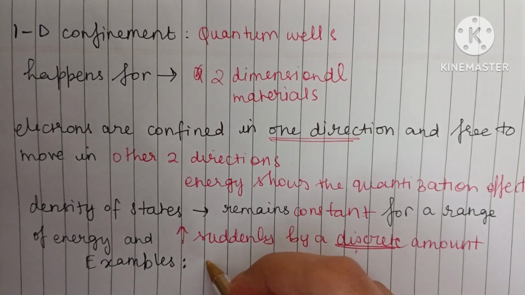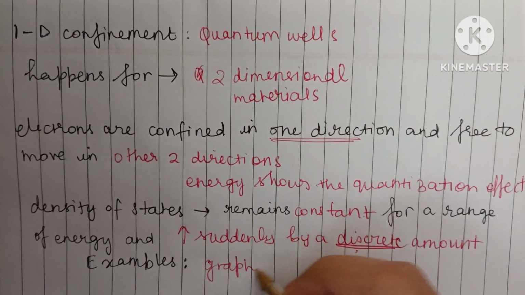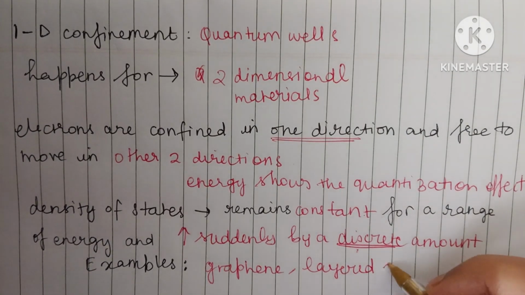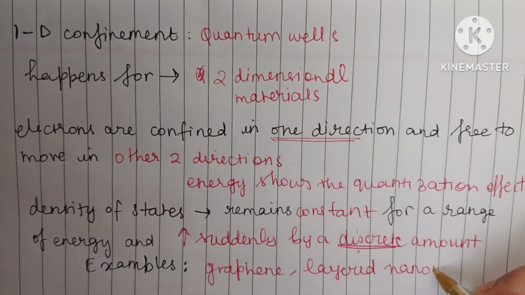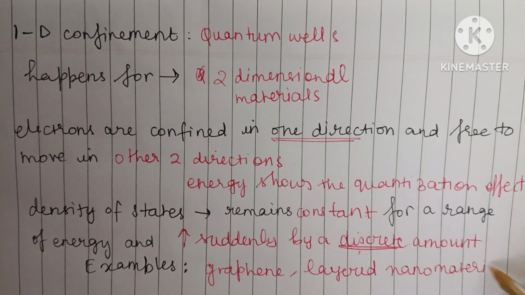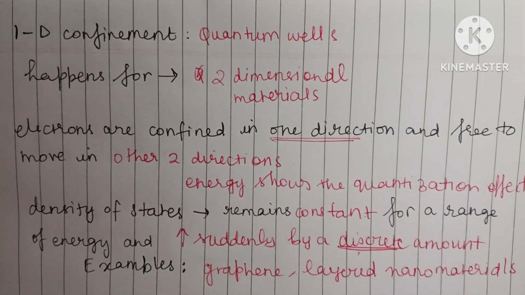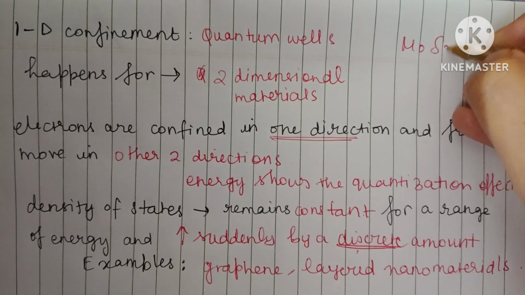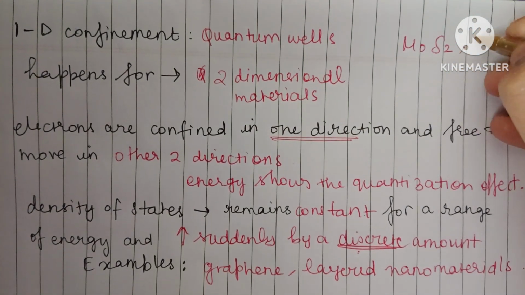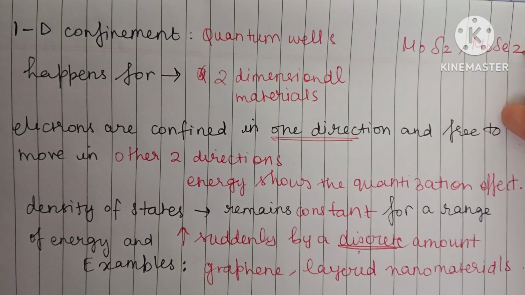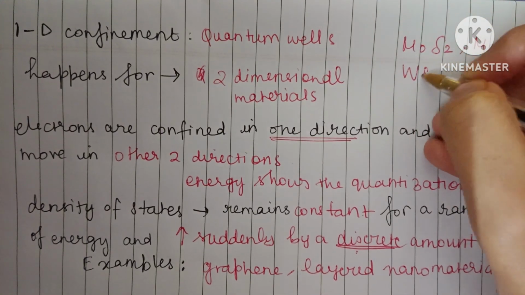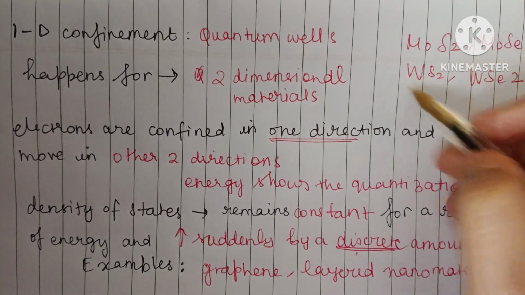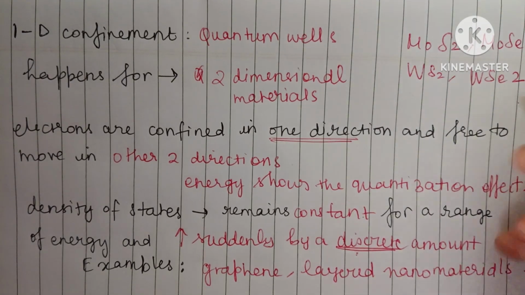Some examples are graphene and layered nanomaterials. Some other examples are transition metal dichalcogenides.